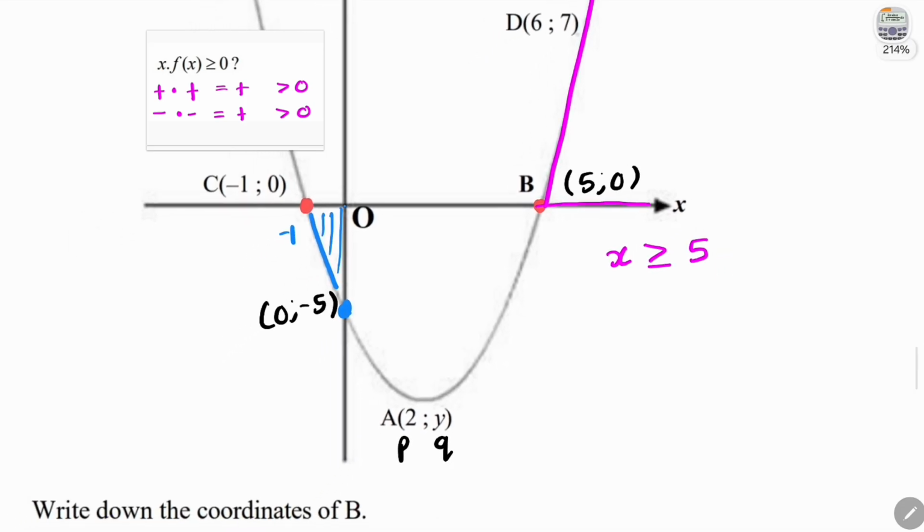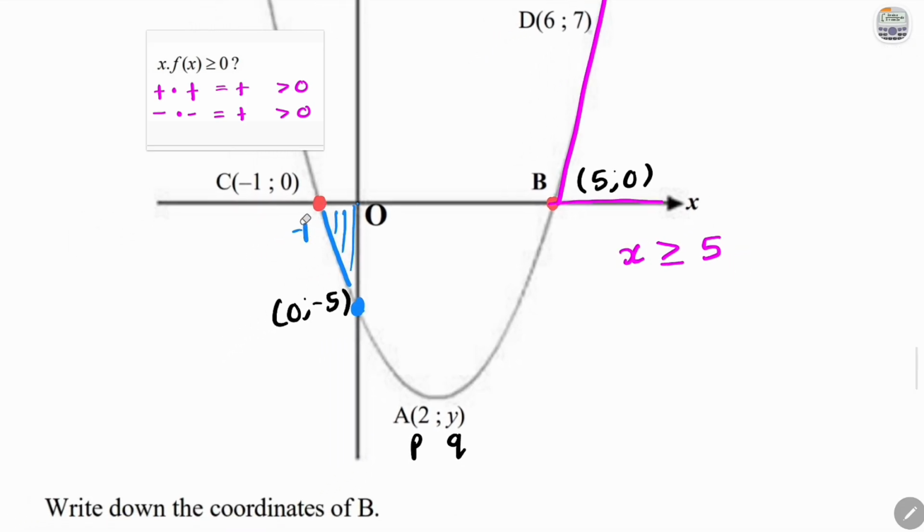You also have to consider the actual values here. At -1, if you take this point (-1, 0), the x value is -1, and remember we're multiplying x and y values, so multiply by the corresponding y value there, which is 0, and that gives you 0. It's one of the requirements: it needs to be greater than or equal to 0, so that works. And here on the y-intercept, this is where x is equal to 0. This is the cutoff point.